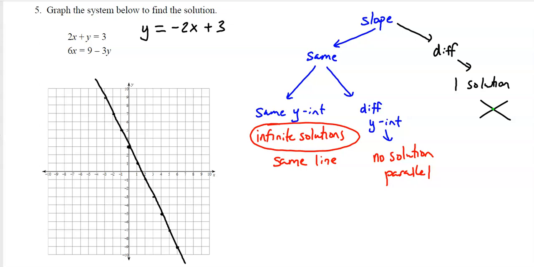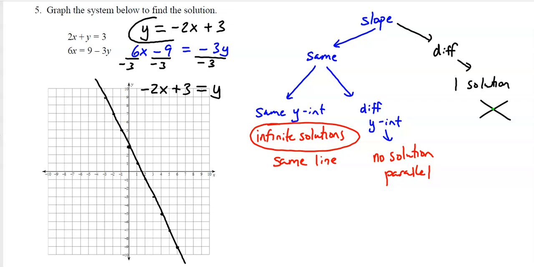All right, so the next one I'll just do this traditional. I'm going to get y by itself, so I'm going to move the 9 over. So 6x minus 9 is negative 3y. Divide everybody by negative 3. And I believe that's going to shake out to be y equals negative 2x plus 3.